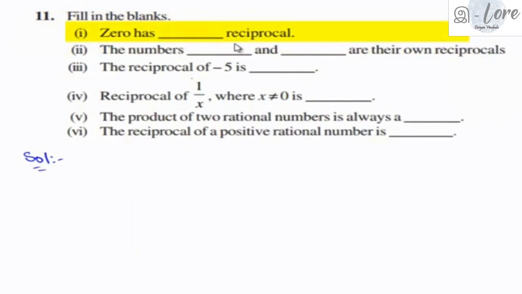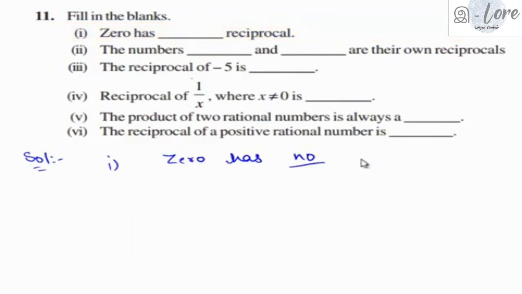Okay, let us go for the last question in this exercise. It's a fill in the blanks. Find the first one. 0 has dash reciprocal. So that is, 0 has no reciprocal.